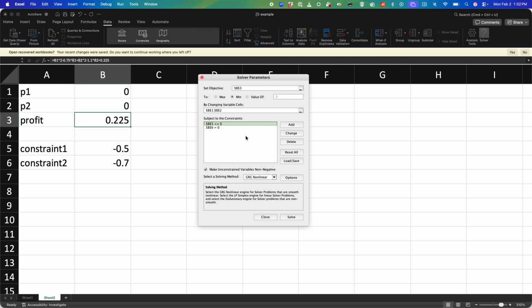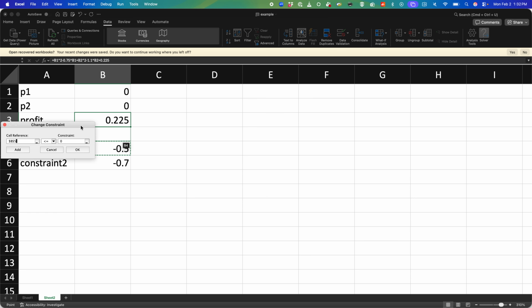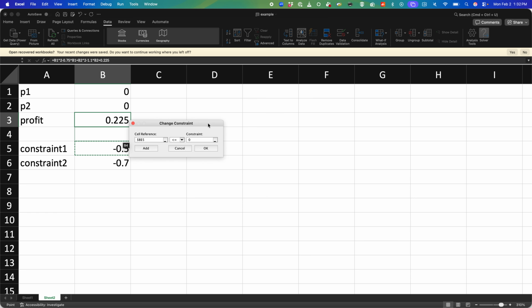We now have a set of constraints, right? And so here, for my first constraint, I'm going to select this cell. And then here in the middle option, I can say less than or equal to, greater than or equal to, right? And then I can set what I want the other side of the equation to be set to. So in this case, it's just 0.